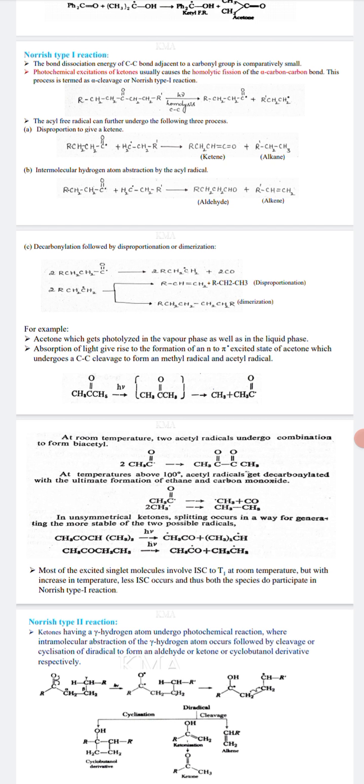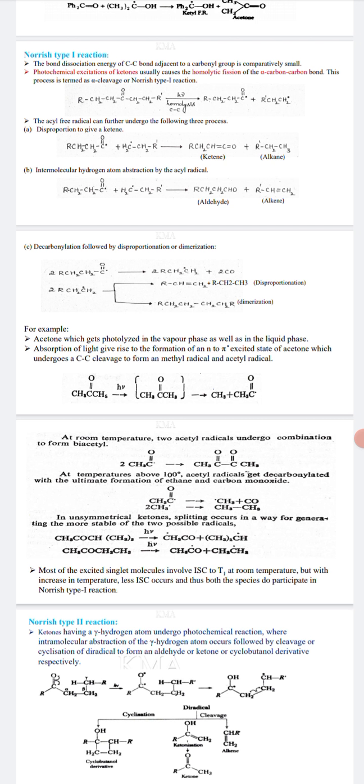These two combine, that is a disproportionation, to form a ketene and alkane. You can clearly see here, the first one is disproportionation to give ketene. This is also recorded as abstraction of hydrogen atom. Here in this case, the hydrogen atom from acyl radical is donated to the alkyl radical, and thus it forms an alkane.